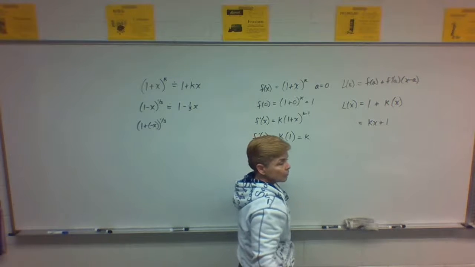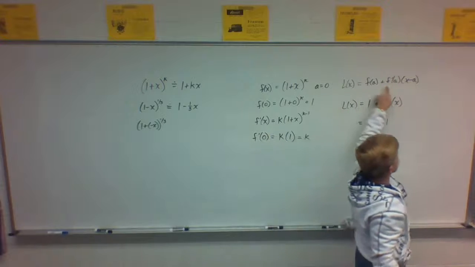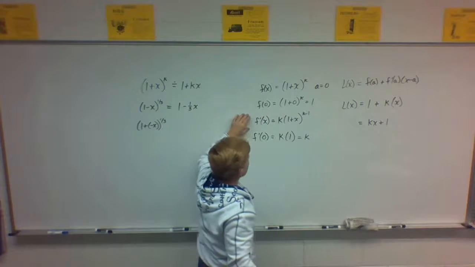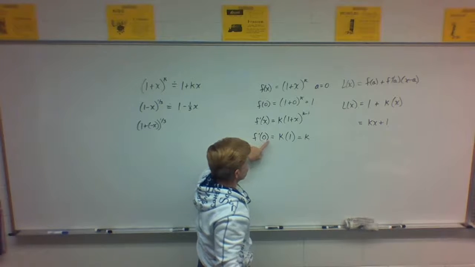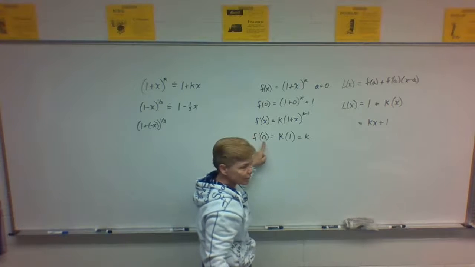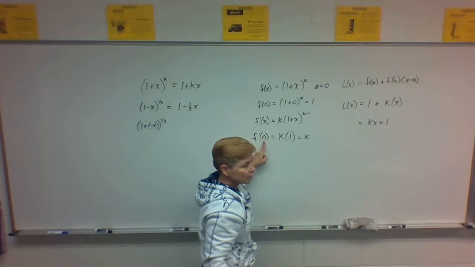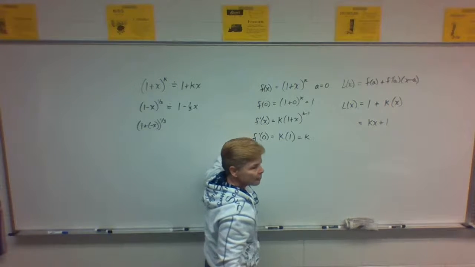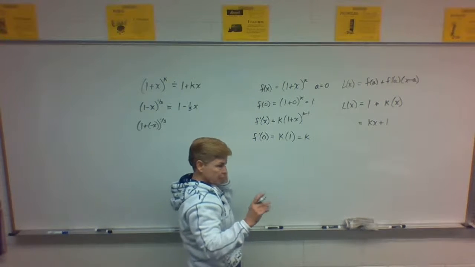There is no f prime of x in the linearization; there's f prime evaluated at a. I found f prime of x as a general rule, then substituted x equals 0 and came up with k. Because I'm centering it at 0, I needed f prime at the a value we're centering on. So you have to get f prime of x so you can get f prime of a. You okay with that? Everybody good?